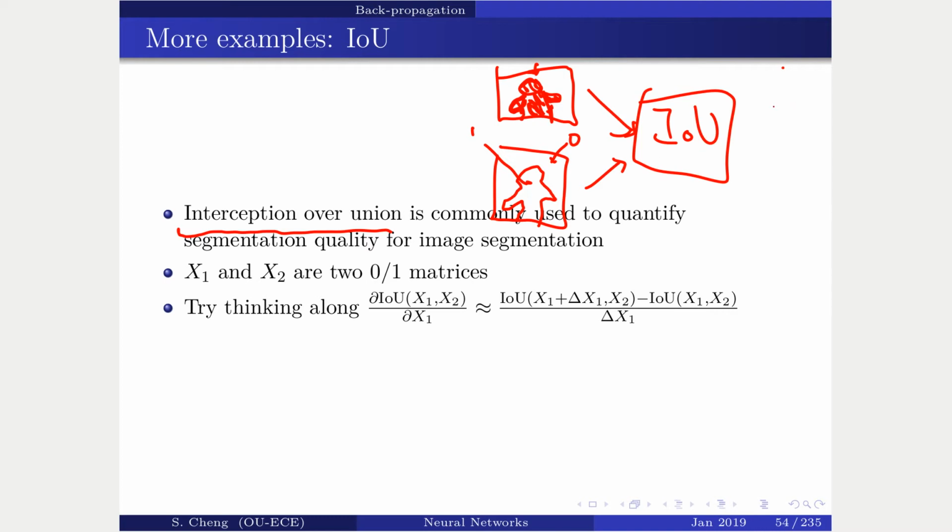So maybe this part is overlapped, and then the bigger part is the union, like this guy. Then I have the number of pixels here over the number of pixels here, so it's an IoU operator.